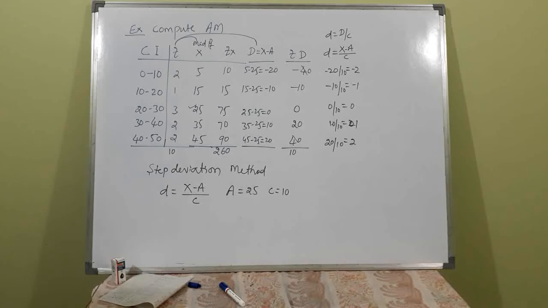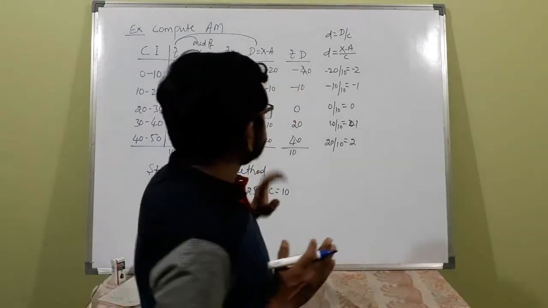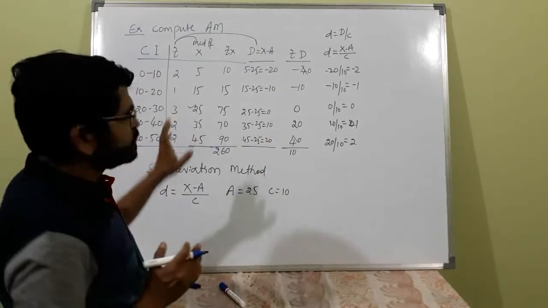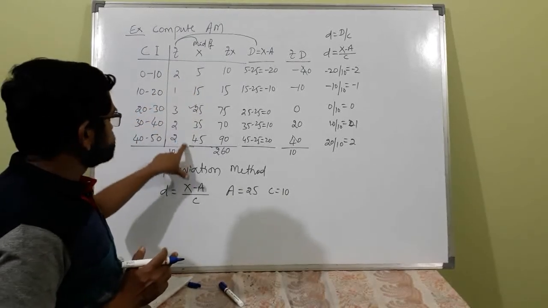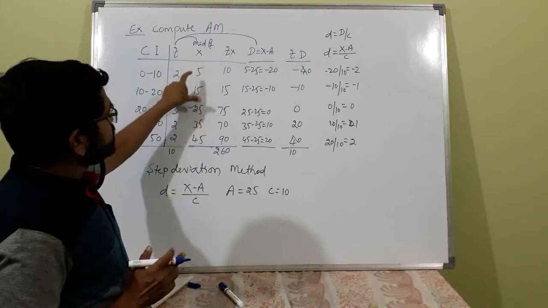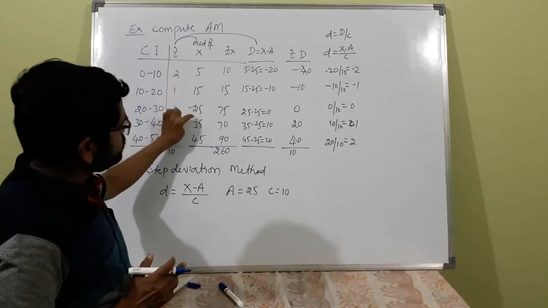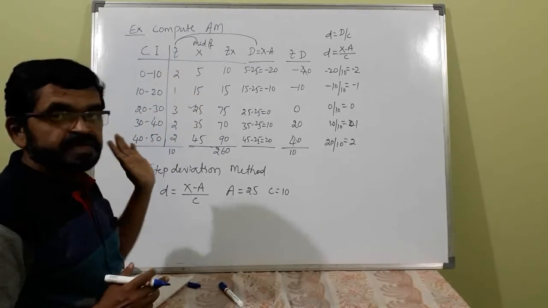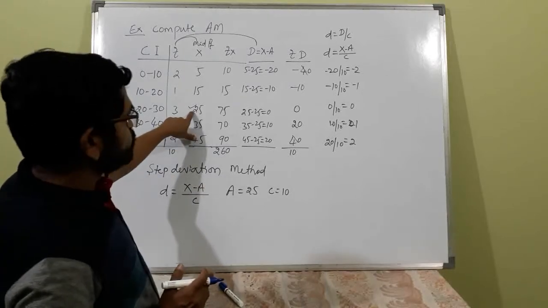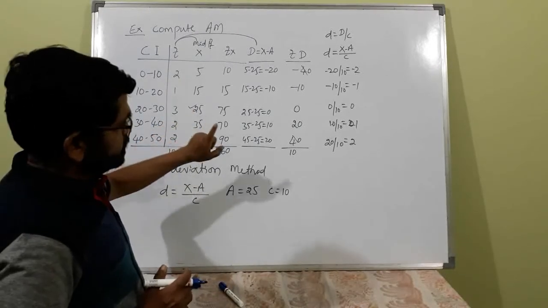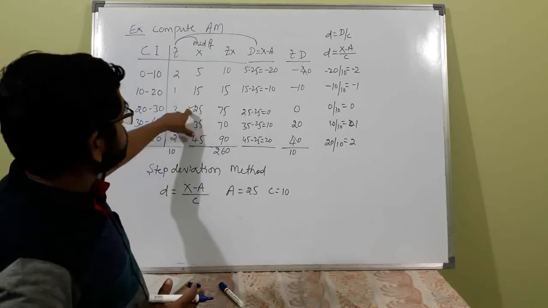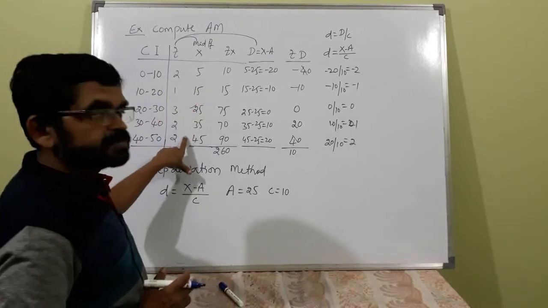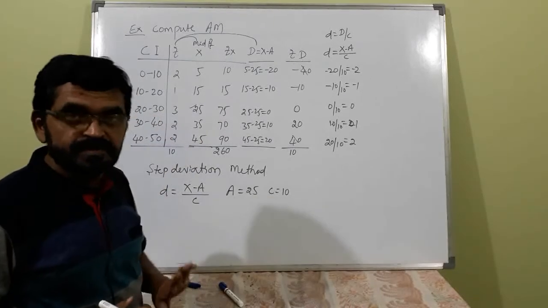You got it? First you have to find the step deviations. Step deviation means you have to take the d by c. These are the initial values. See, initial values are 5, 15, 25, 35, 45. If you take the deviation from assumed mean, once again I repeat, you need not take 25 only. You can take any one among this or other than this value also.